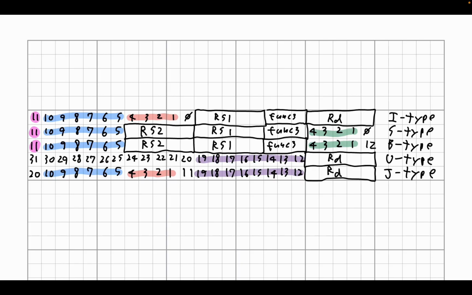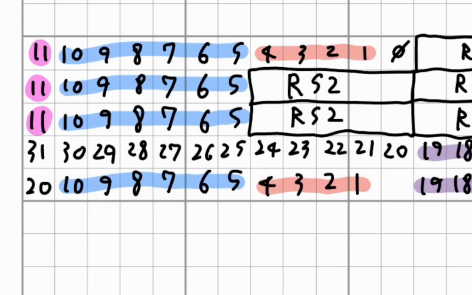And we can also do the same thing on the J-type instructions, right? Because bit 11 is over here. So we could just stuff bit 20 down here, and we could put 11 up here. And now we can actually see that, first of all, we could merge the pink and the blue bits, and that would be even less hardware because we're now using the same muxes.